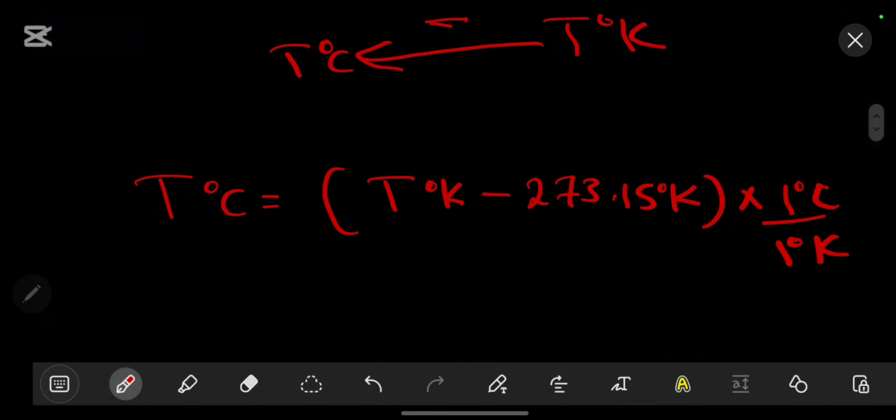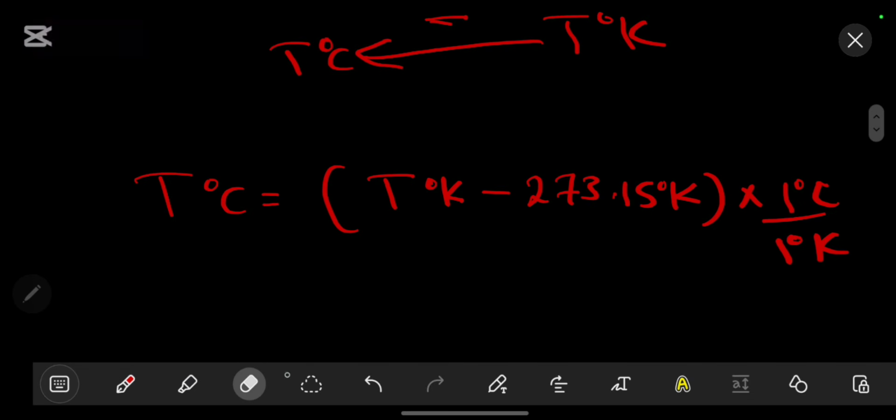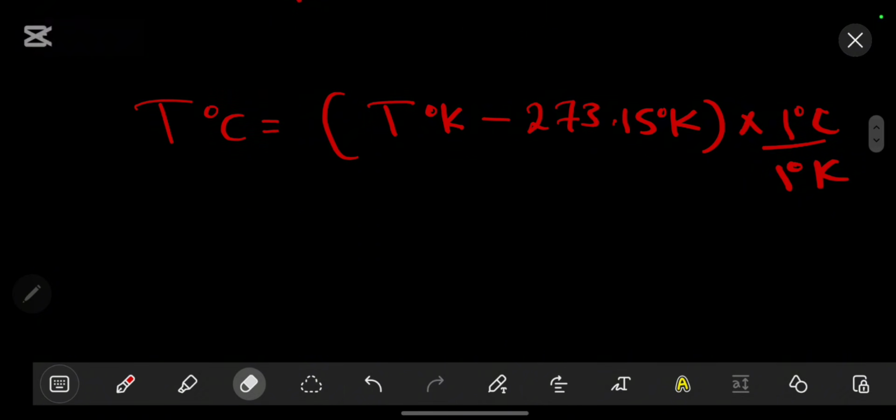So this is the formula. Don't forget this part. This is very important, as it cancels out with some units.